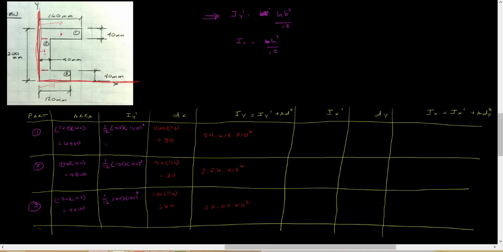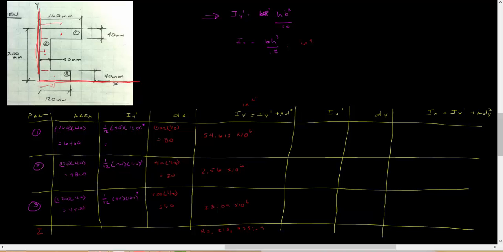If I sum all those up, my moment of inertia about the y-axis is 80,213,333 inches to the fourth. Base times height cubed, inches times inches cubed, is inches to the fourth.